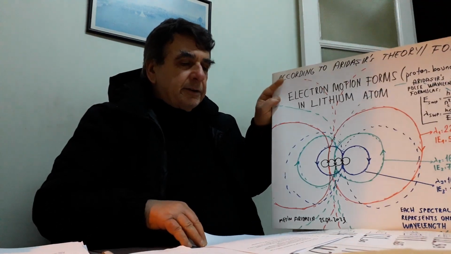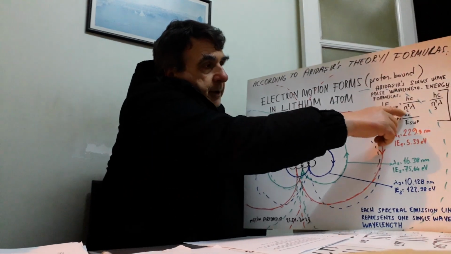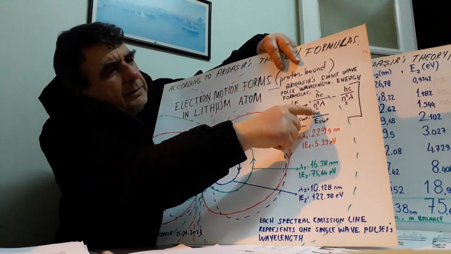My emission line definition is just this: single wave pulse production. The difference between shrunken electron wavelength's corresponding energy, here. This is my formula.